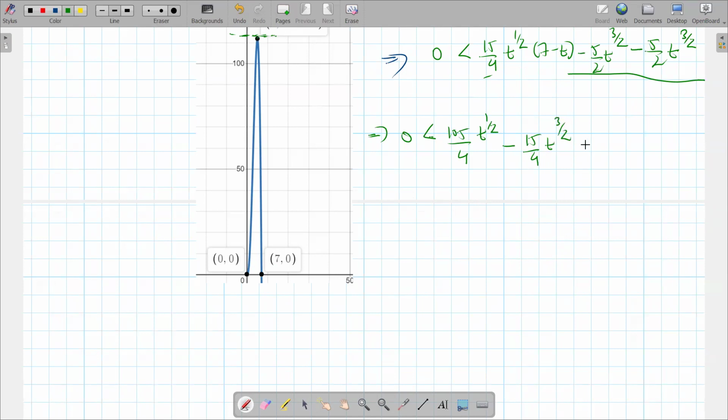These two are like terms, so you can say minus 10, like this. Now there's something we can pull out here. We can pull out T to the 1 over 2, okay? Over here we would be left with 105 over 4. What would we be left with over here?